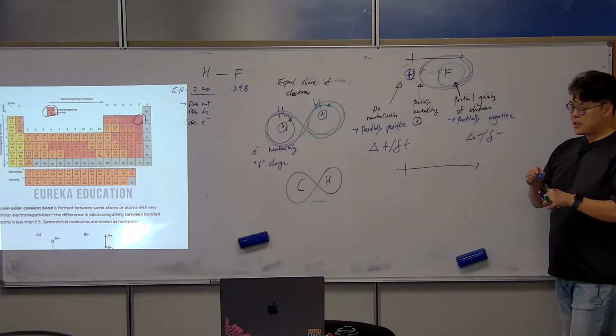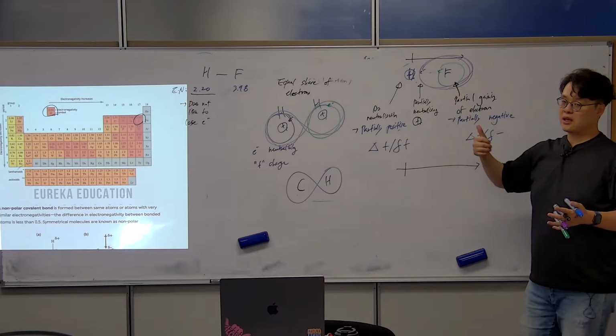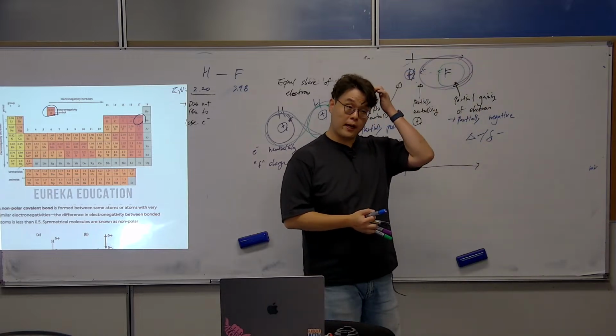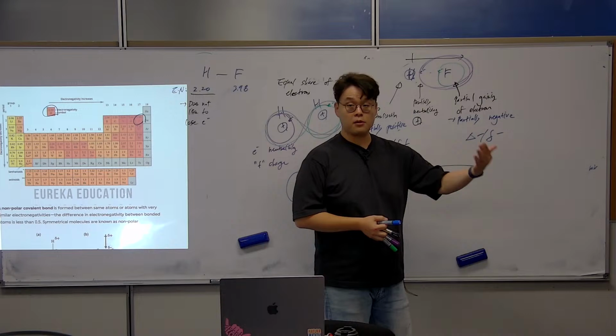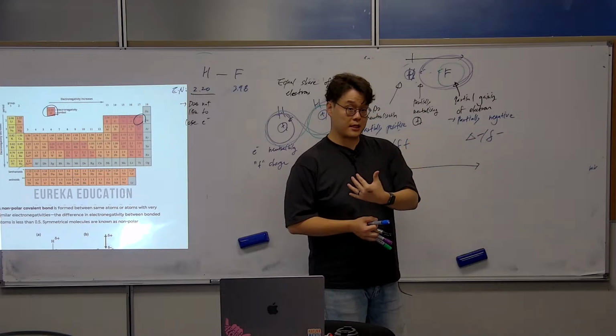But does that mean that this is not covalent bonding? Does that mean it'd be ionic bonding then? No, I cannot say ionic bonding. Remember, ionic bonding means complete transfer, complete gaining, complete loss. This is not complete yet.